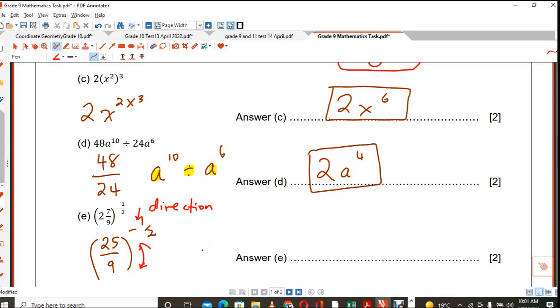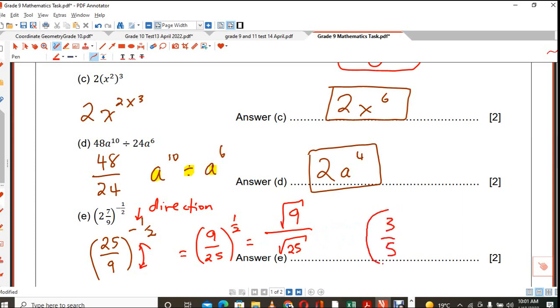But you could have done this with your calculator as well. So it becomes 9 over 25. Now the power is positive. Anything raised to a power of a half is the same as the square root of that. So that will be 3 over 5. And this is the answer I was looking for.